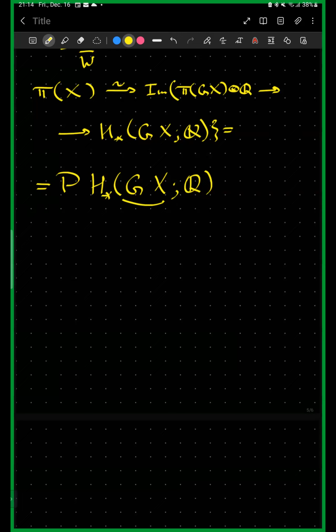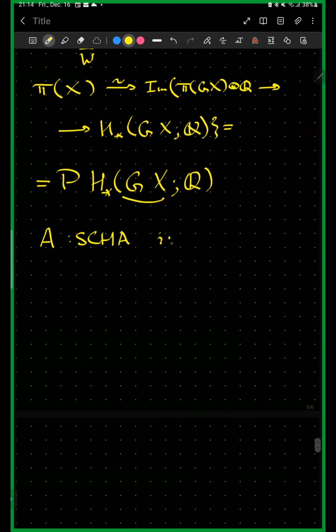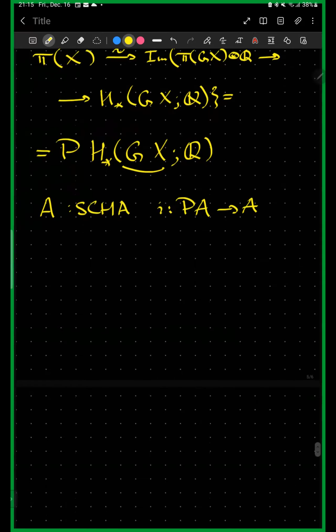First of all, if we have a simplicial complete Hopf algebra, then we have an inclusion from primitive elements into this algebra. And also we have another map from group-like elements into this algebra.